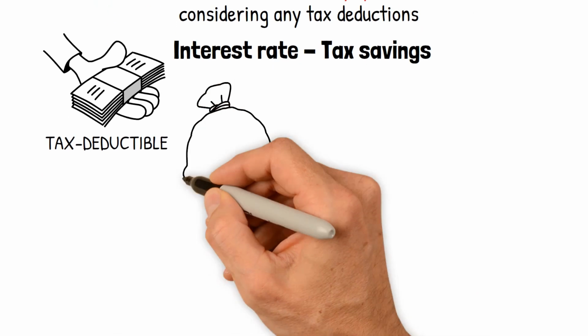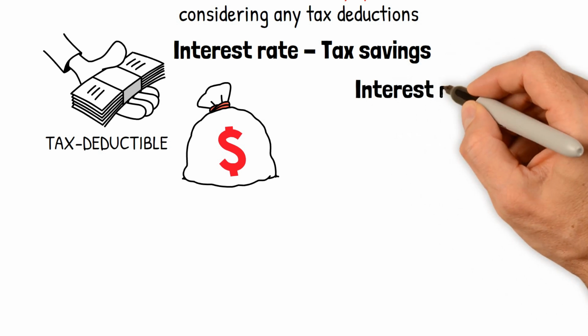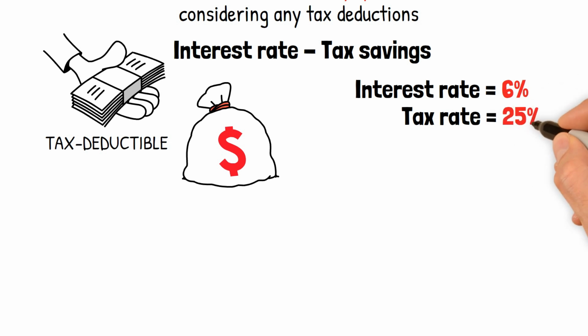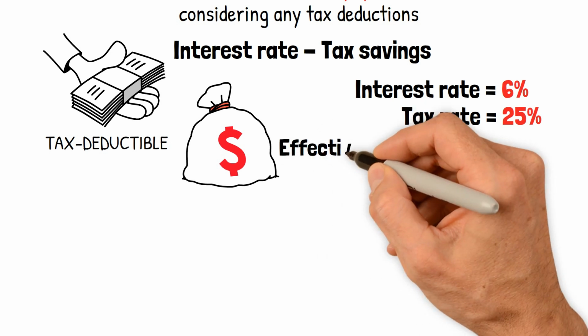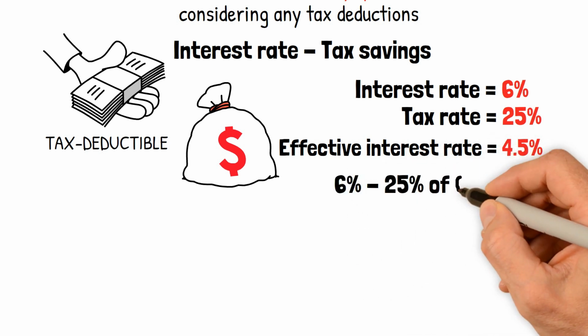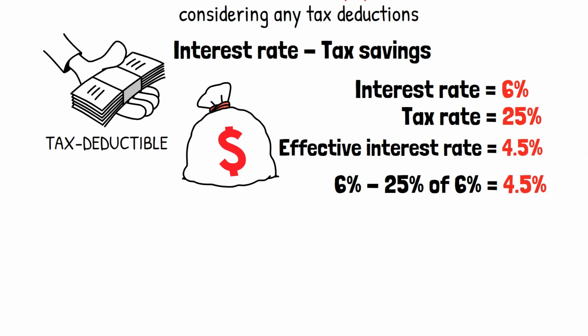For example, if a borrower has a loan with an interest rate of 6% and is in a tax bracket where the tax rate is 25%, the borrower can deduct 25% of the interest expense from their taxable income. This reduces the effective interest rate to 4.5%, i.e., 6% minus 25% of 6%, or 1.5%, for a total of 4.5%.